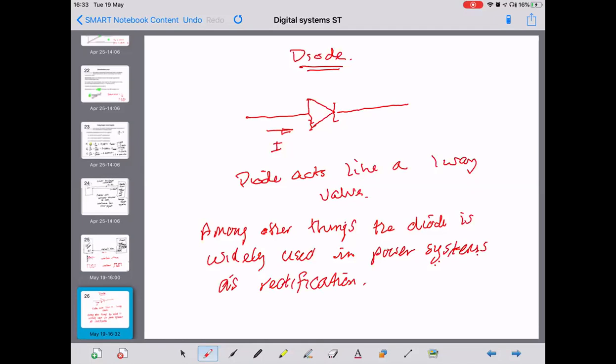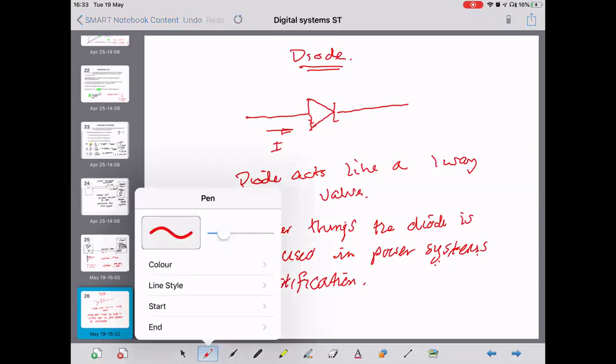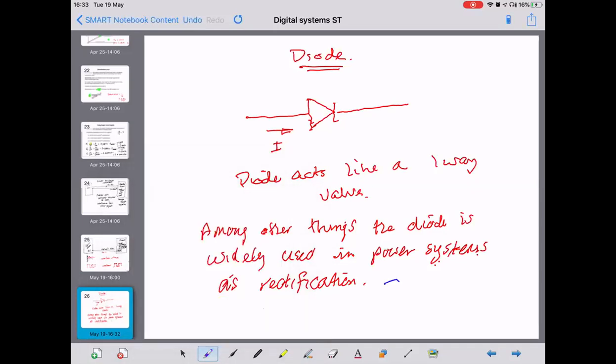Anyone know what that term means, rectification? Rectifying something. That's not quite the same meaning as rectify in terms of putting something right. The process of rectification is AC to DC. Convert an AC signal, an AC waveform, to a DC waveform, usually a sine wave.